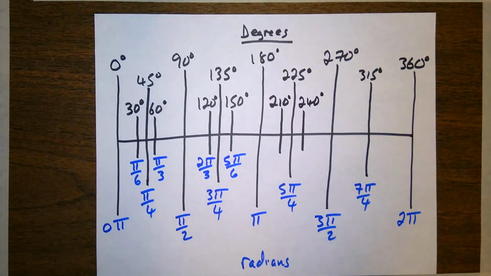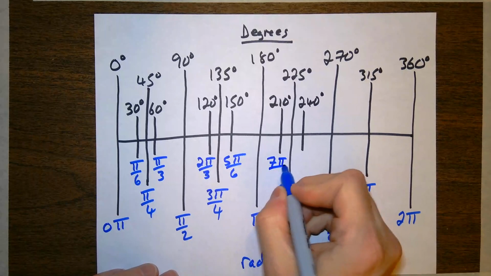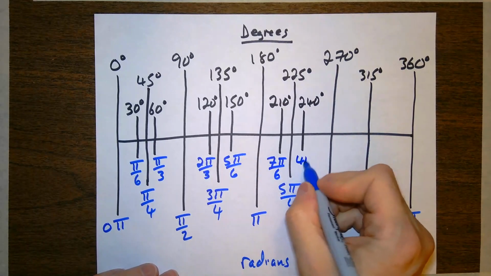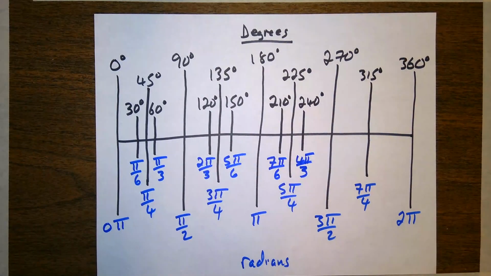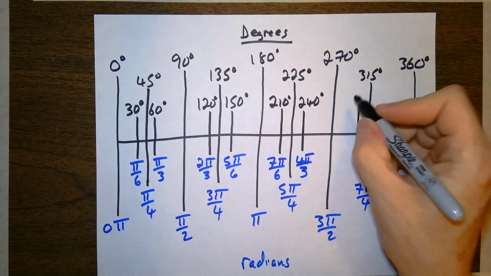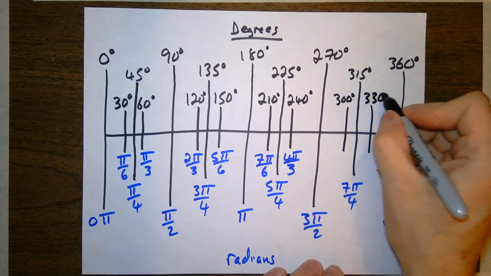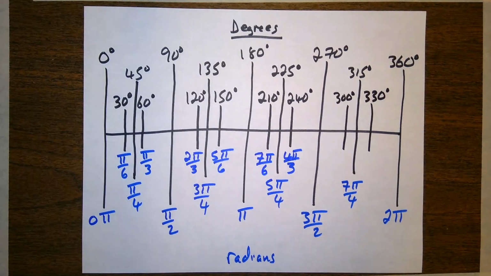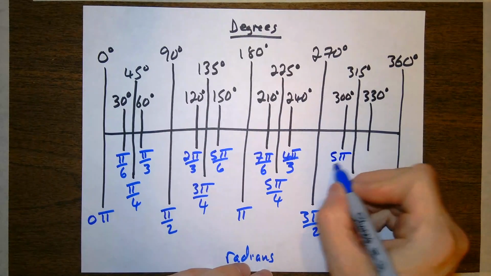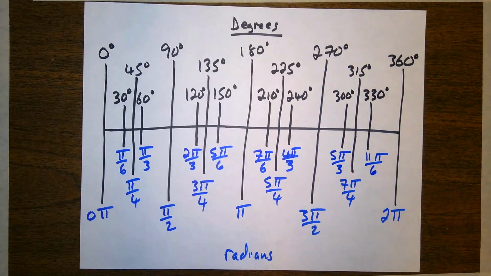The corresponding radian angles would be 7 pi over 6 and 4 pi over 3. And then finally in the fourth quadrant, my angles in degrees would be 300 degrees and 330 degrees. Corresponding radian measures would be 5 pi over 3 and 11 pi over 6.